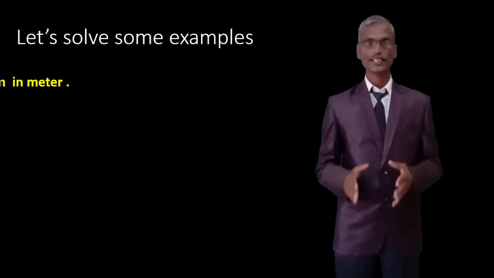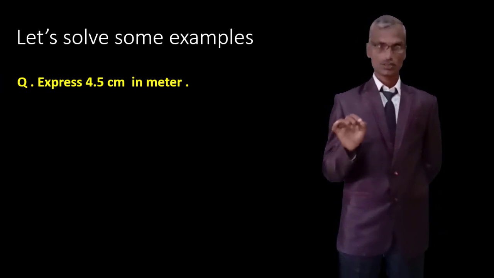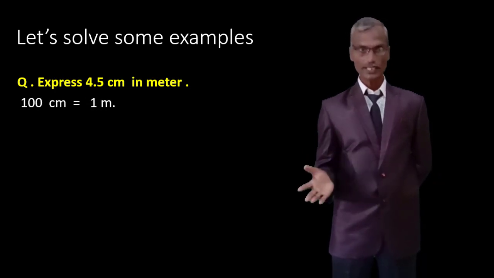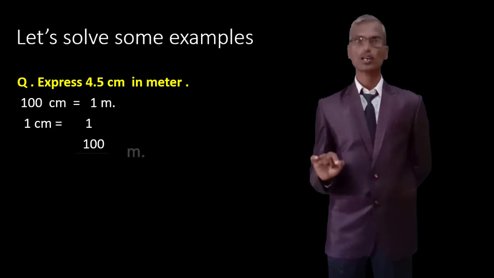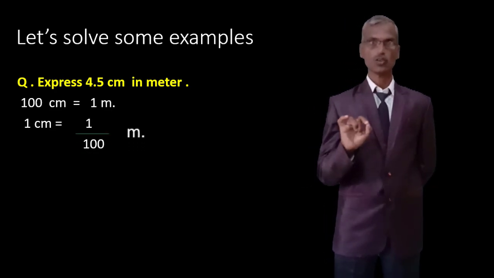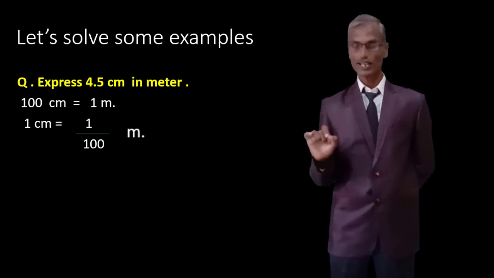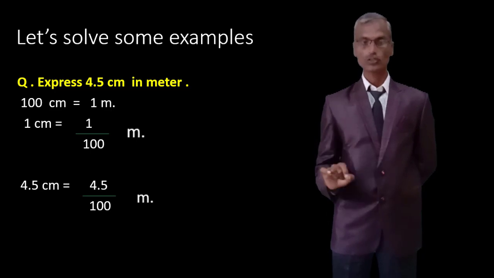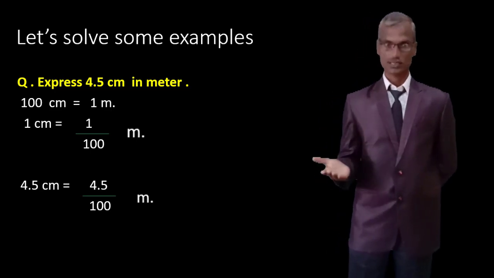Question: express 4.5 centimeter in meter. We know that 100 centimeter is equal to 1 meter. Therefore, 1 centimeter will be equal to 1 upon 100 meter. In our question, it is given 4.5 centimeter, hence 4.5 centimeter is equal to 4.5 upon 100 meter.